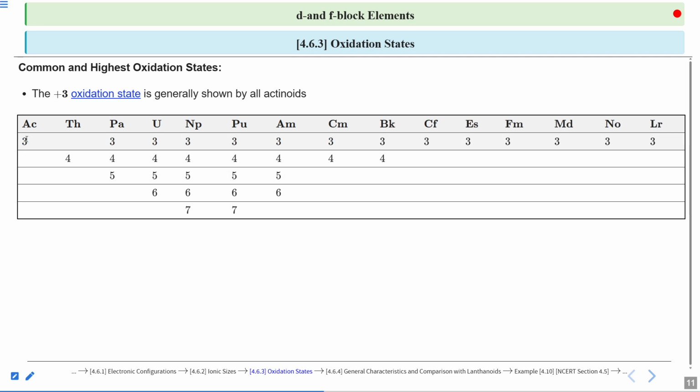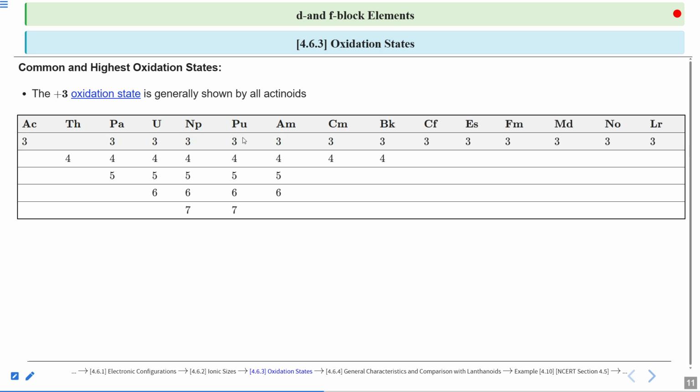So actinium shows +3 oxidation state, thorium shows +4, and protactinium shows +3, +4, and +5. Uranium shows +3, +4, +5, +6, and neptunium shows +3, +4, +5, +6, +7.